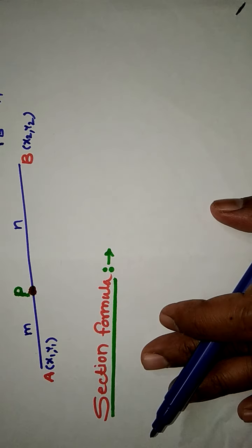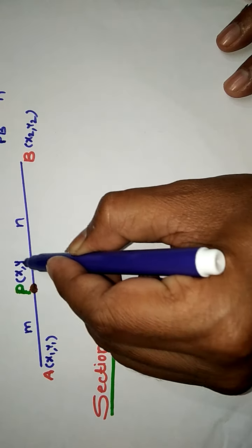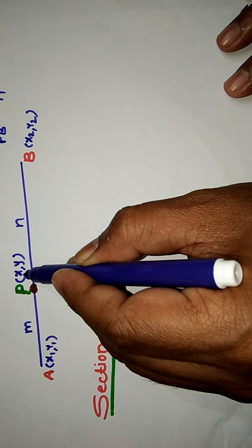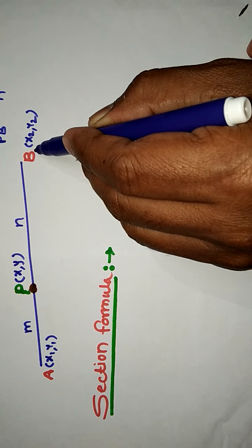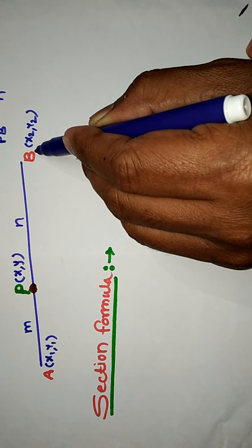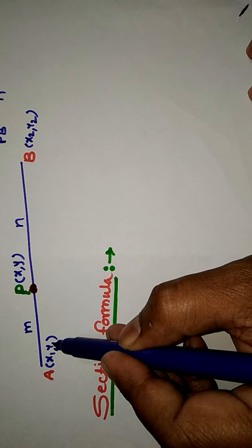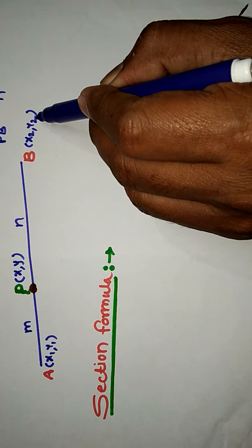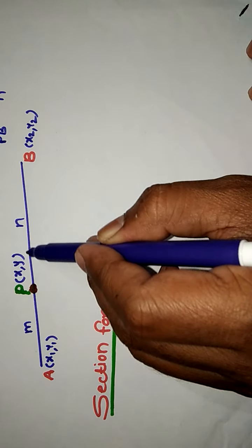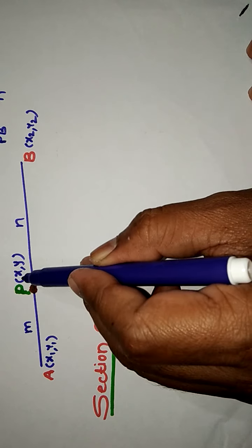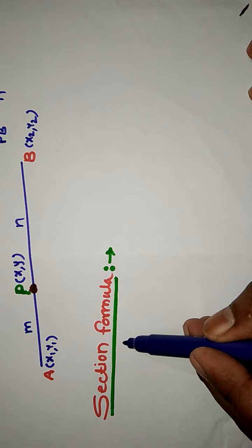This is given. Then how can we find the coordinates of point P, x, y, if the coordinates of points A and B are given, that is, A has x coordinate x1, y coordinate y1, B has x coordinate x2, y coordinate y2, and the ratio is given? Then we can find the coordinates of point P by using the section formula.